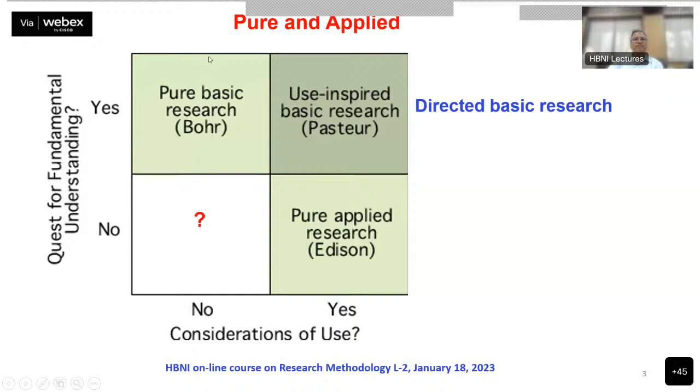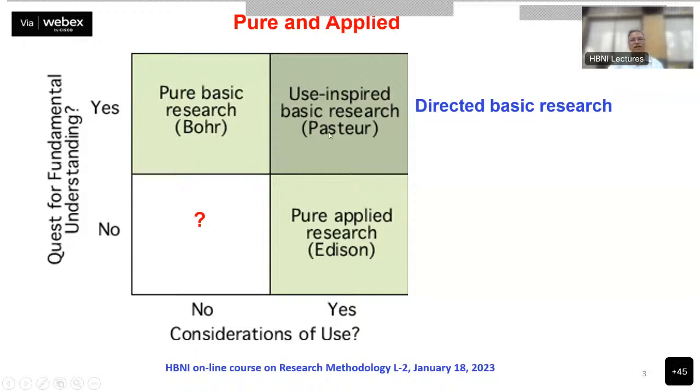Again, you have the same thing, pure basic research. The quest for fundamental understanding is high, but there is no consideration of use. For pure applied research, consideration of use is yes, very high, but there is no understanding of the fundamental phenomena.